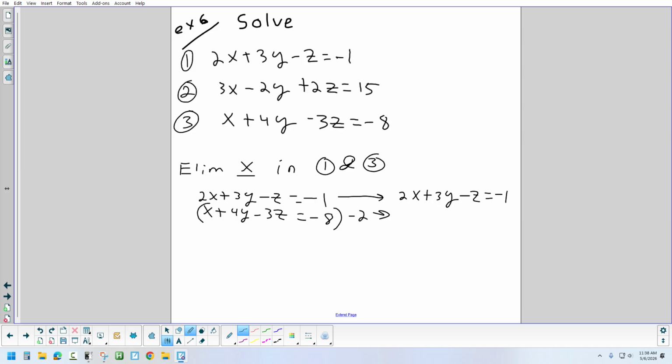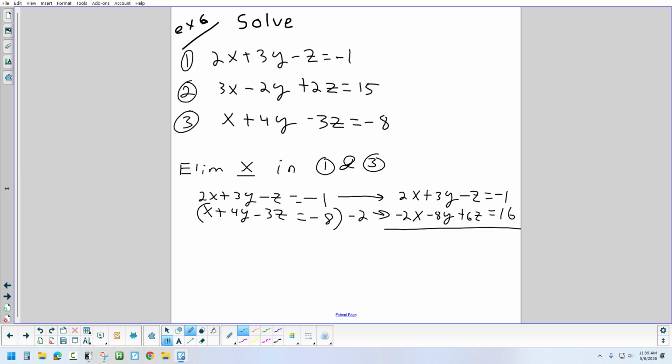And the bottom is going to become -2x minus 8y plus 6z equals 16. And now add them up.